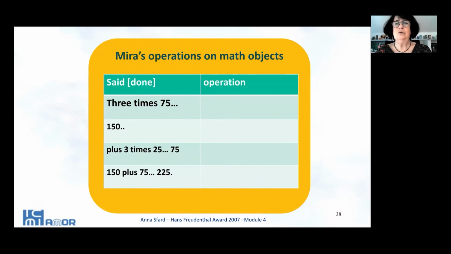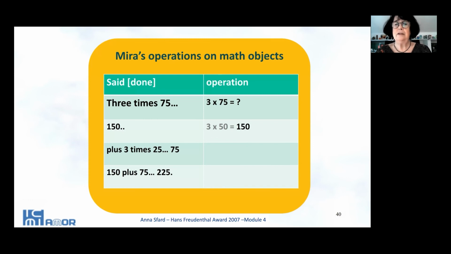Let me take a close look at what Myra said and did. Myra said 3 times 75. This statement is the translation of the required operation of composing the appropriate set of coins into the numerical operation on numbers, the one of multiplication.